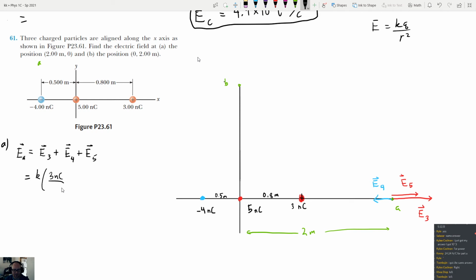E4 is this one. It has a charge of negative 4 nanocoulombs. Now, I did write these as vectors, so I want to be super clear about this. What I can do is, at the end, put an i hat out here, right? And then for E4, I can just write that it's minus 4 nanocoulombs divided by the distance from this one to here, which will be 2.5.